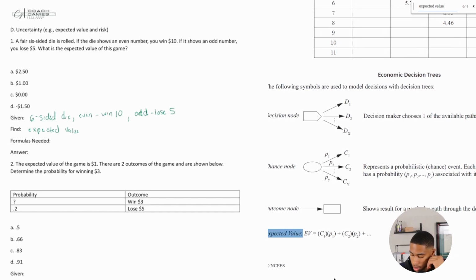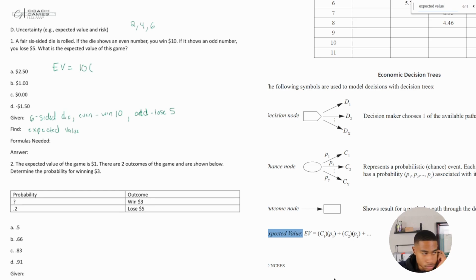So I know that we're looking for EV, right? And that's equal to, all right, what's our possible outcome for the first type of win? Well, we win $10. What's the probability that I'll win $10? Okay, so it's even numbers only. So that means 2, 4, and 6.